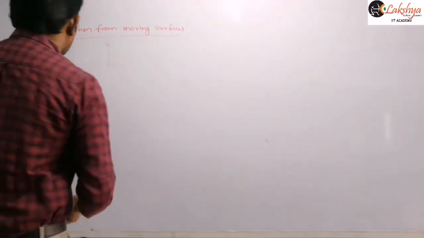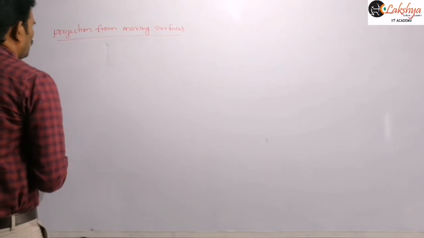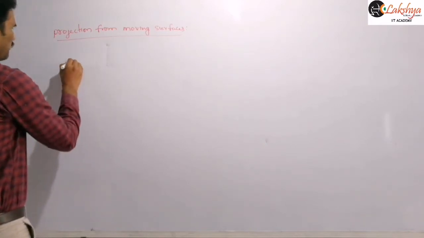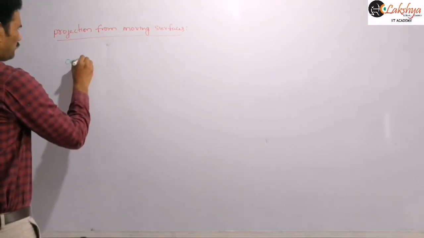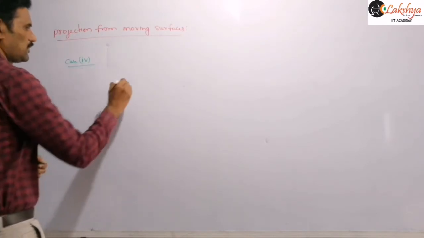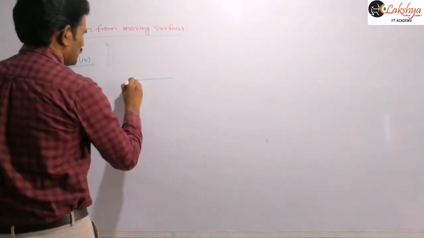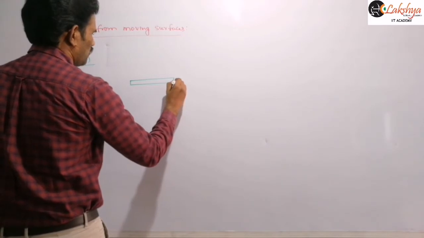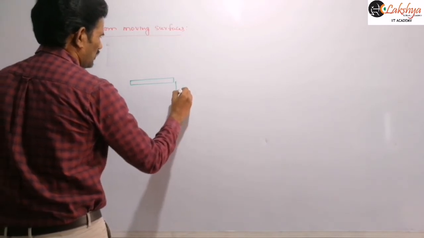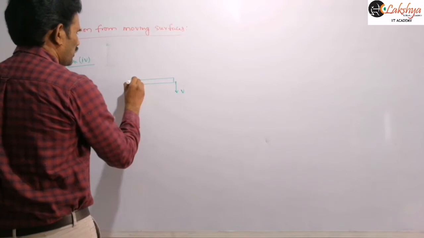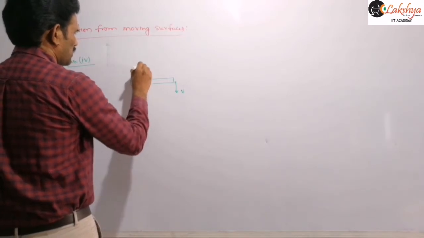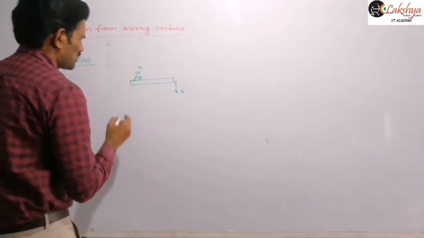So now let us see that case here. I am taking that as the next case. This lift is moving down with a uniform velocity, it is coming down with a uniform velocity v. Now when the object is projected like this, with respect to the lift, the object is projected with initial velocity u and at an angle theta.